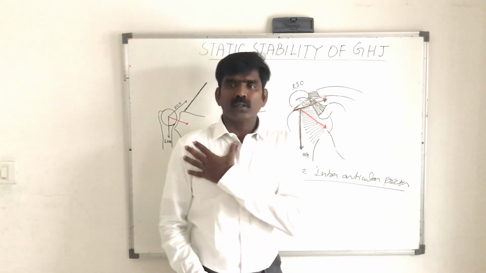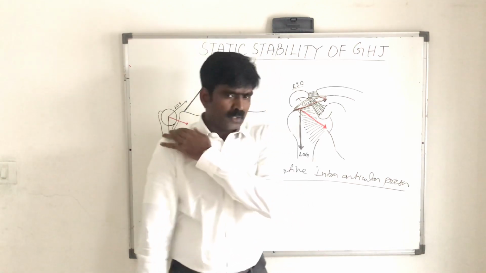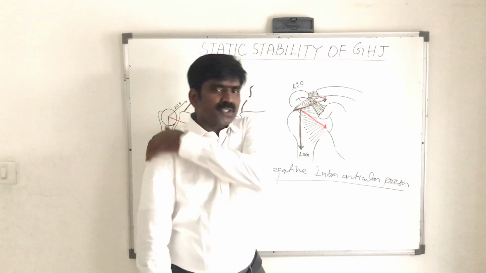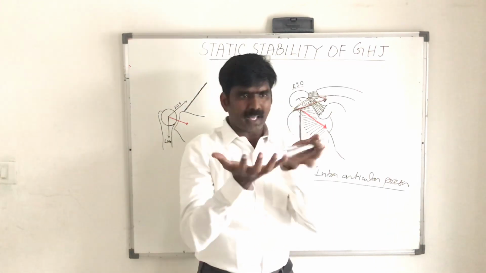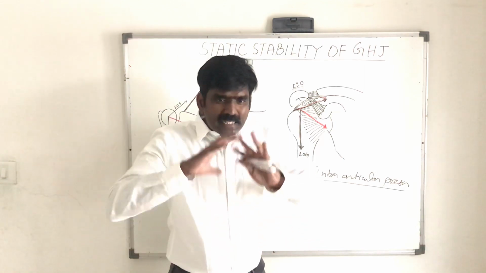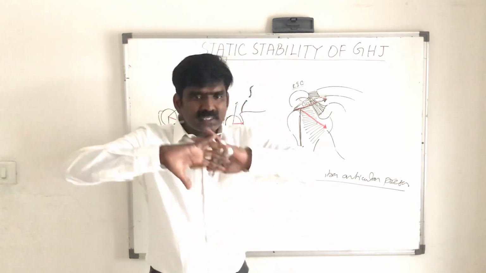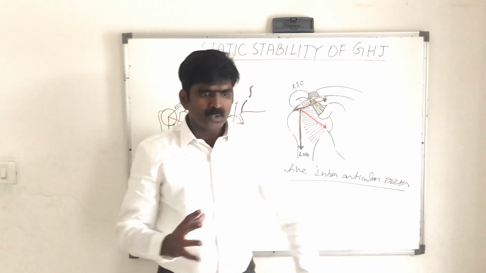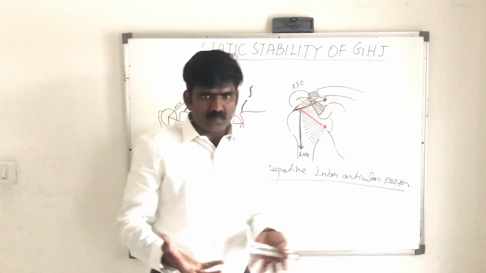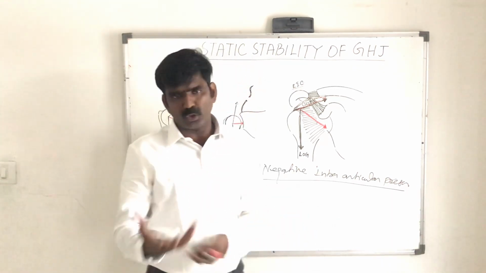Normally the glenohumeral joint is covered by the capsule, superiorly, anteriorly, posteriorly and inferiorly. Clear? So this capsule is sealed in all the directions, which creates a negative pressure within the joint. Clear? Or the vacuum is produced within the joint.